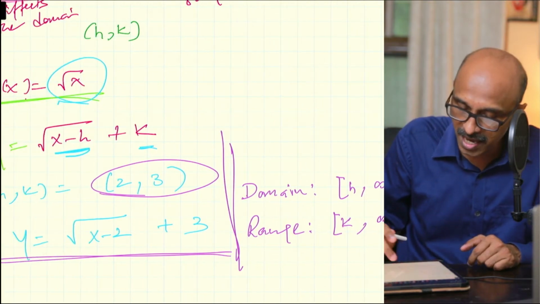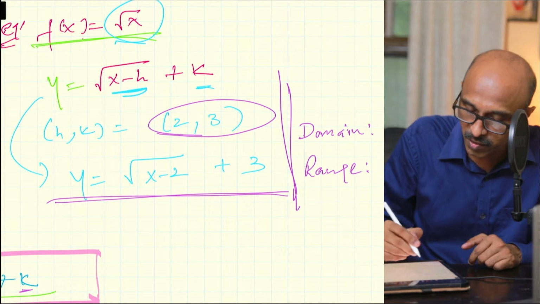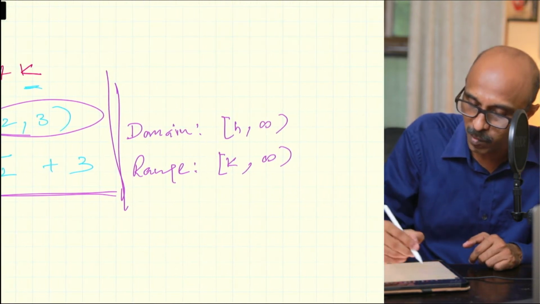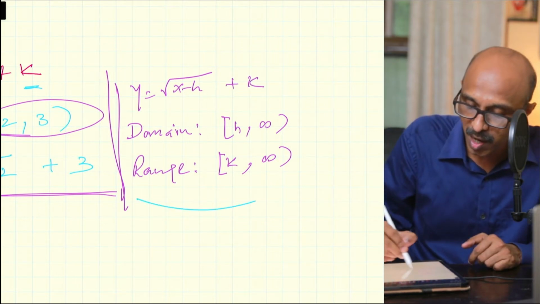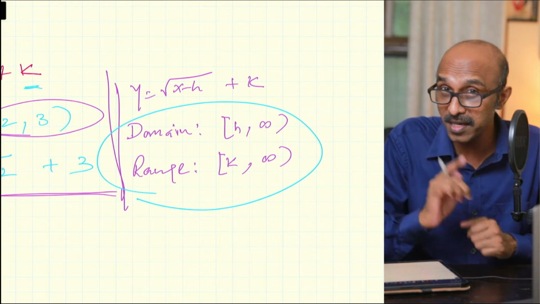All right. So H and K coming from this expression. When you have y is equal to square root of x minus h plus k, that H and K give us information about the domain and the range when the parent function is a square root function.